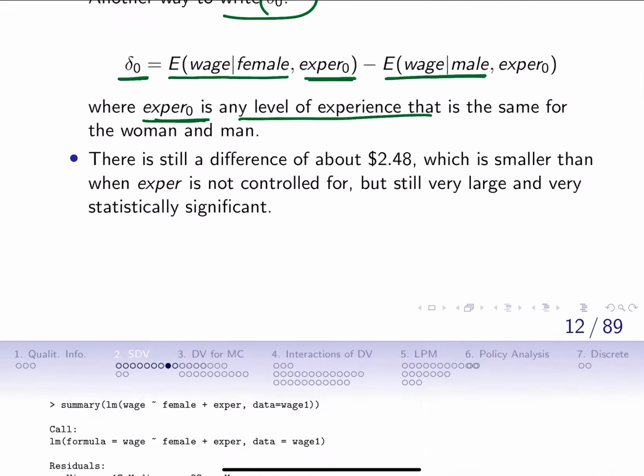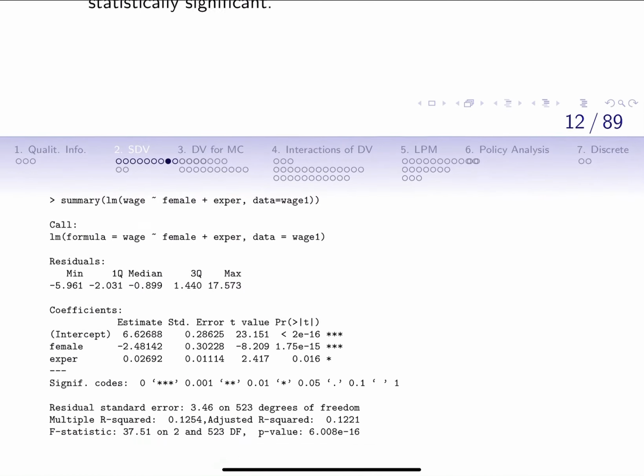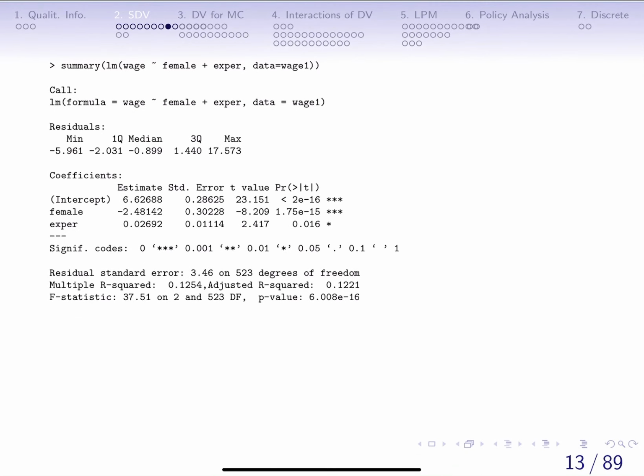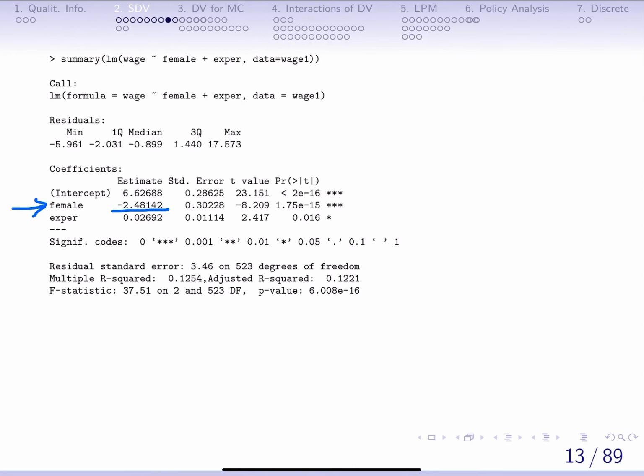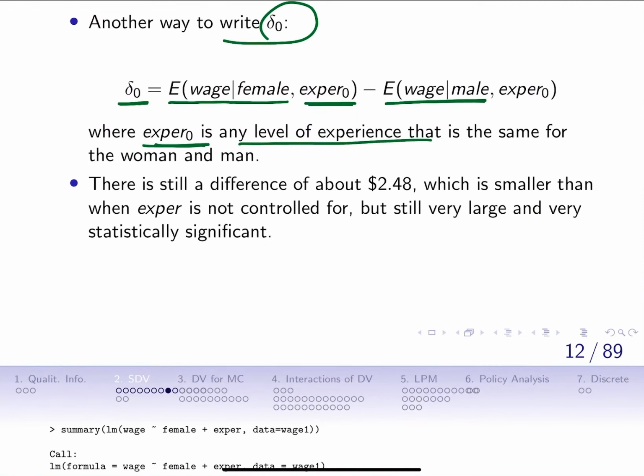And when we do this analysis, we can see that now the coefficient on female is still negative and very, very significant, and it drops slightly to $2.48. Okay, so here we still see a difference that is significant and is a little smaller.